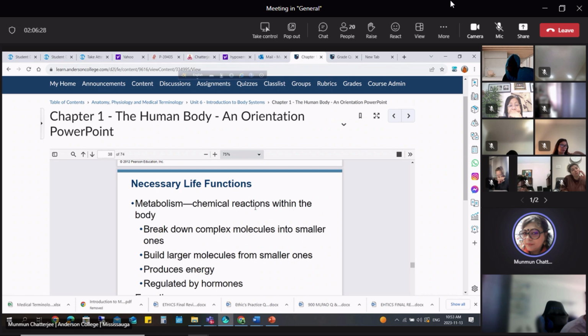We are eating, we are giving the supply, the sources, which the body breaks down to simpler ones and sends to the specific cells or target organs, and then they make their own things. That is building large molecules from the smaller ones. Then they are making their larger molecules for the proper functioning of the body.